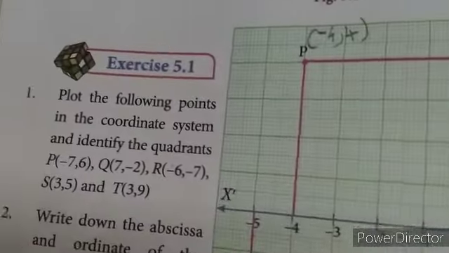Now, draw the x-axis, x dash, y, y dash, and the origin, positive numbers and negative numbers, here the positive and here the negative.